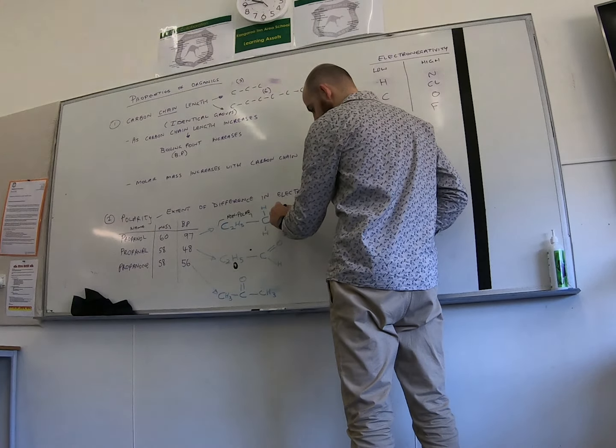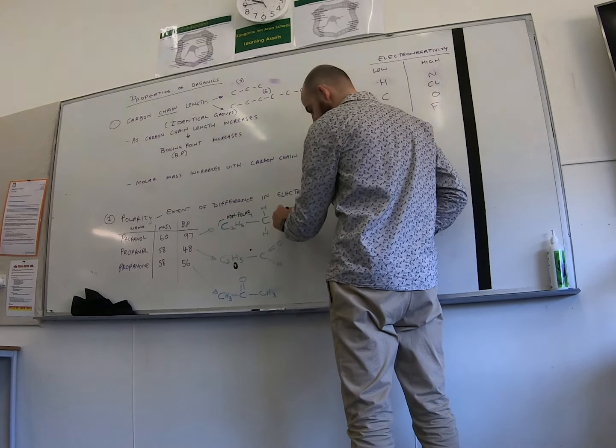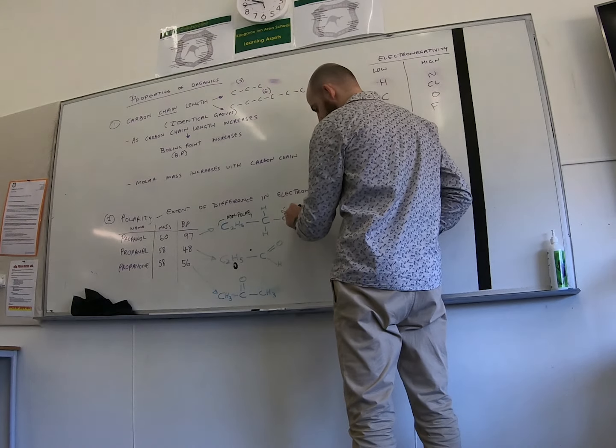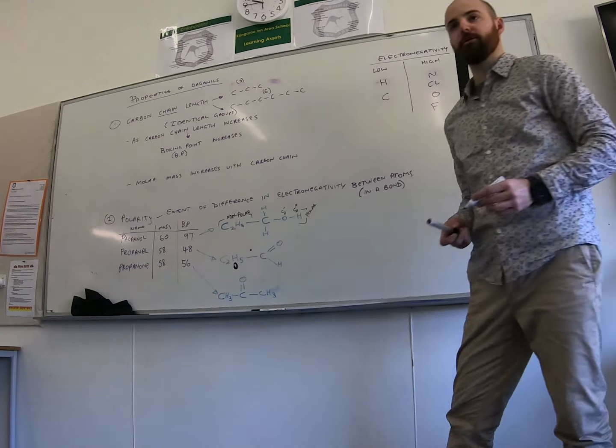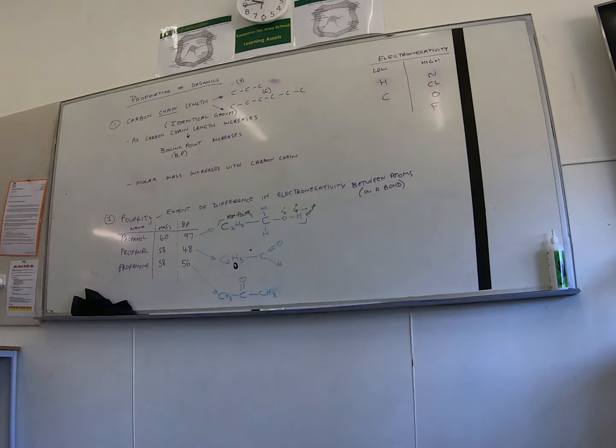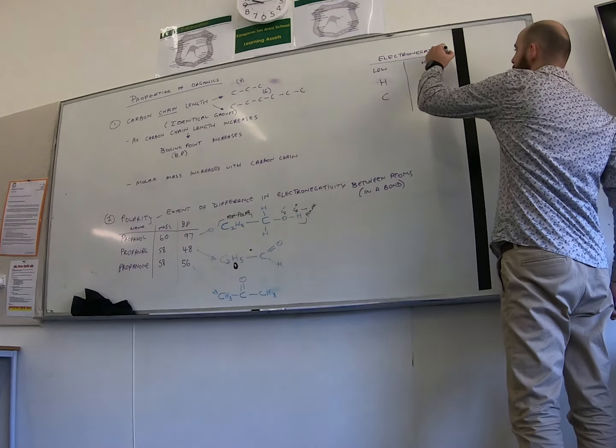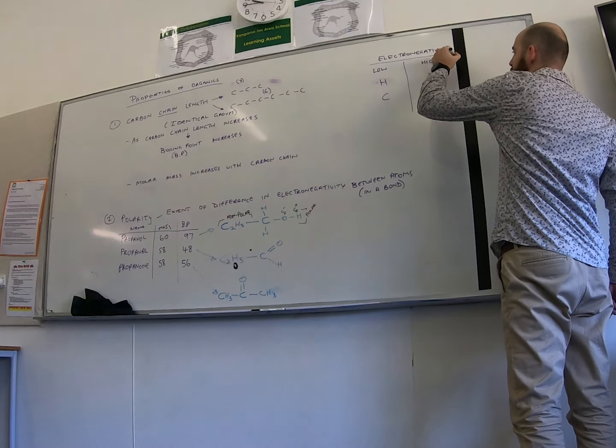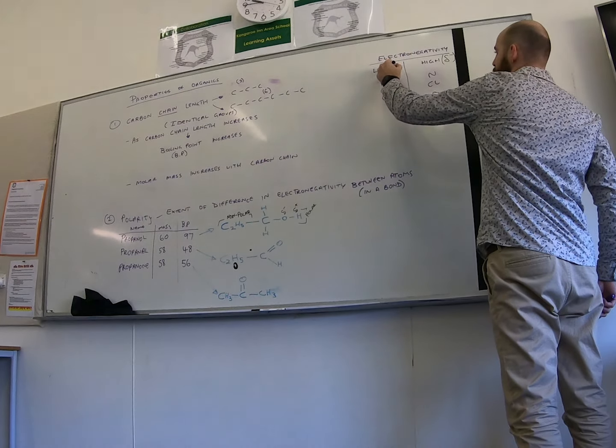And we signify that by using these little delta negative and delta positives. Remember doing that? Do you remember how to know which one's negative, which one's positive? As a general rule, the high ones will take the negative, low ones will take the positive.